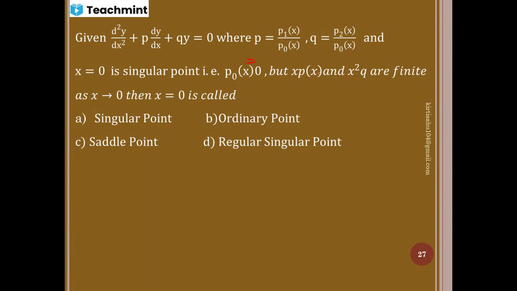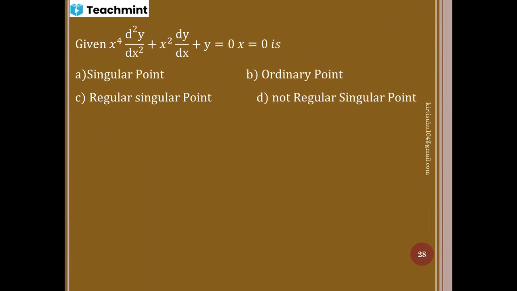But x times p of x and x square times q of x are finite as x tends to 0, then x equal to 0 is... Yes, we know very well that if we have a singular point and if I multiply p by x and q by x square, and we get a finite value at that point, then that point is called a regular singular point. This is according to the definition of a regular singular point. The condition required is that both the values must be finite. If either of them is infinite, then it won't be a regular singular point.